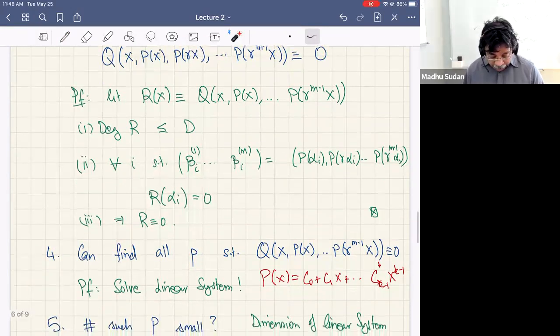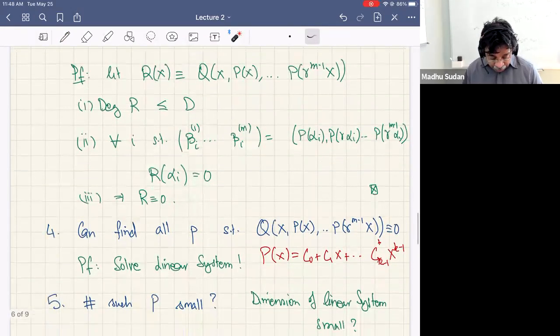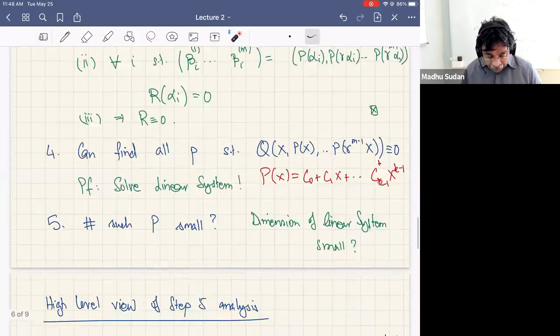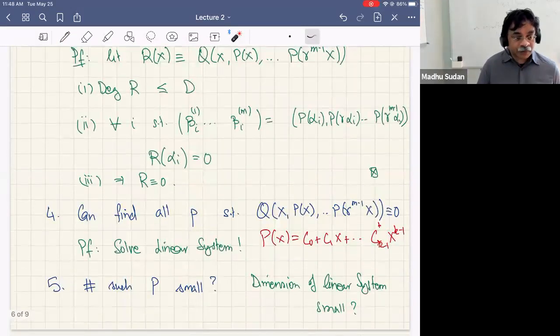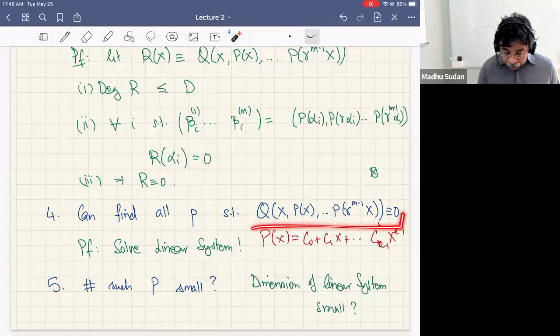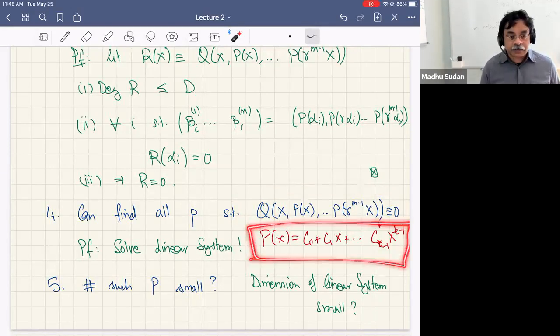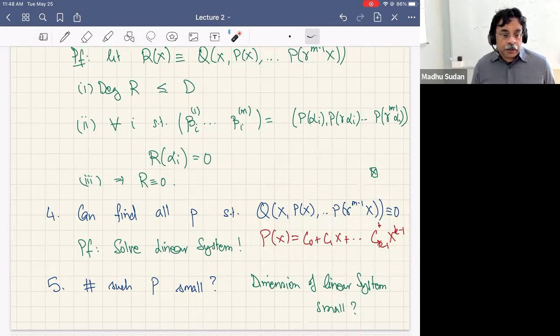So now the question is, is the number of such polynomials P small? How many polynomials P are we going to find? Well, this also tells us the answer. It is really the dimension of this linear system, because there's going to be some big linear system that you're going to set up, and the solution is a linear subspace. The dimension of that subspace counts the thing.